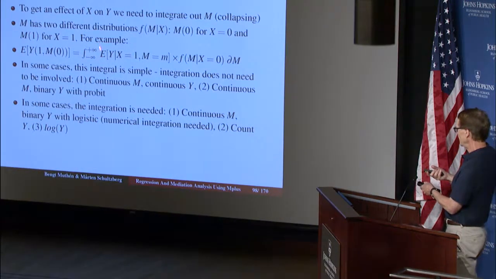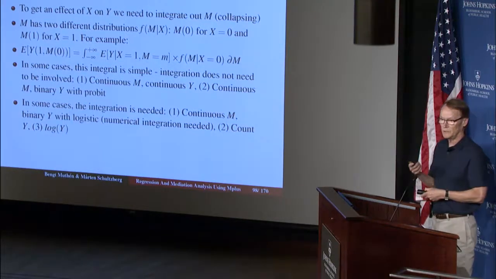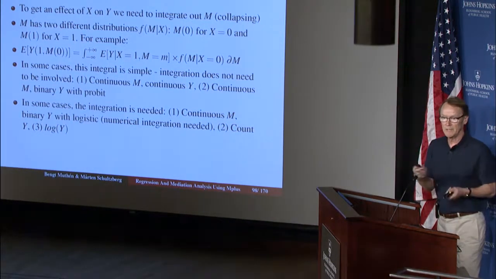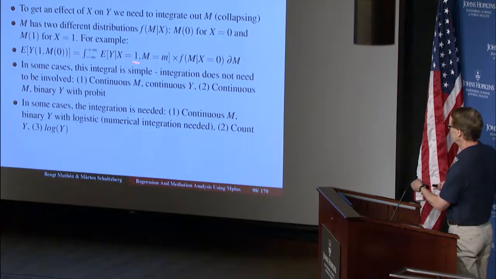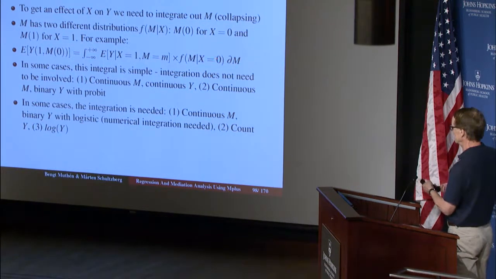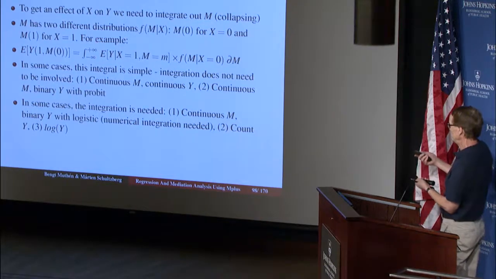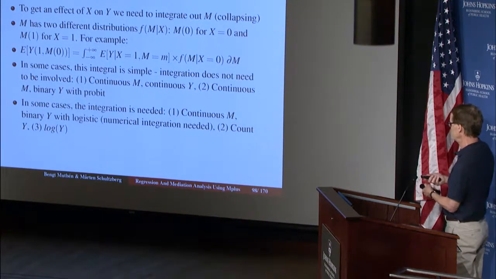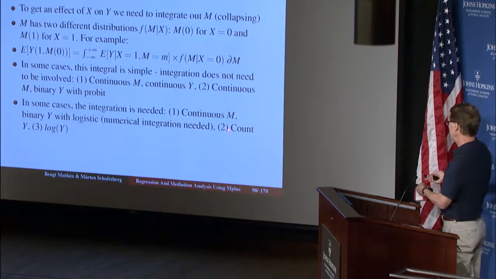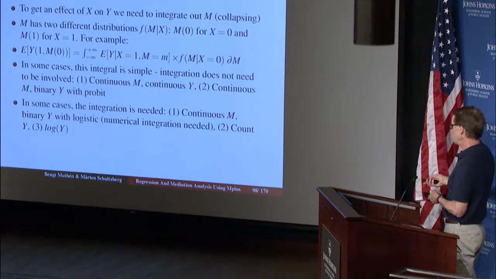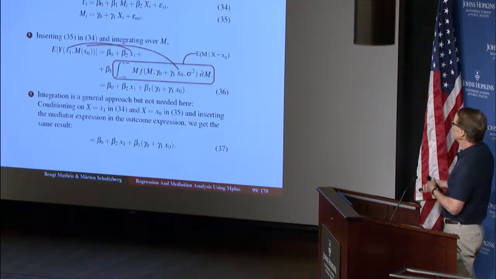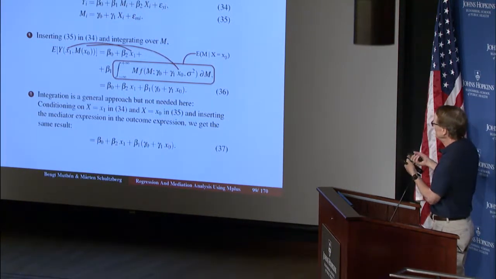But then that integration can be done very nicely by so-called numerical integration, the numerical analysis handling of integration. You don't have to know an explicit form for this result. You do a sum over many terms. And also for the examples we're going to show later today, count and log y outcomes, you need that integration. But let's take a look at the continuous case again.